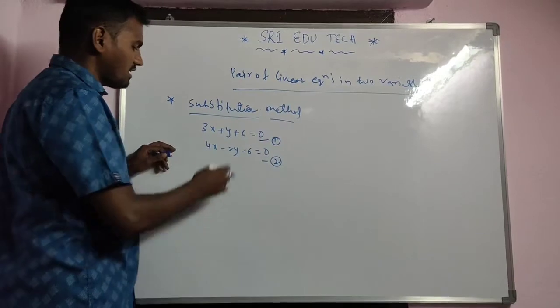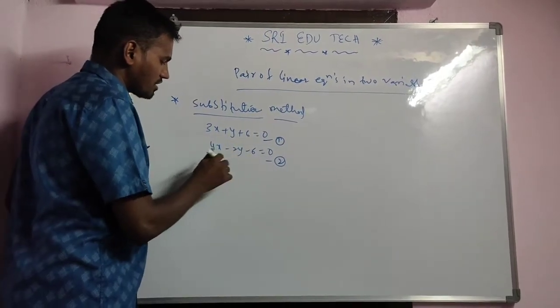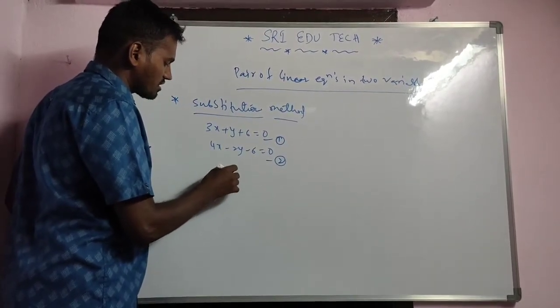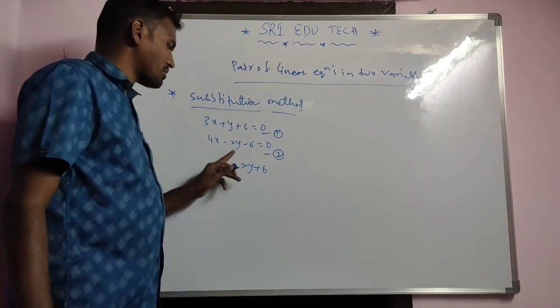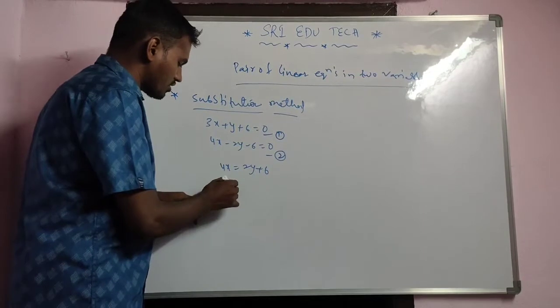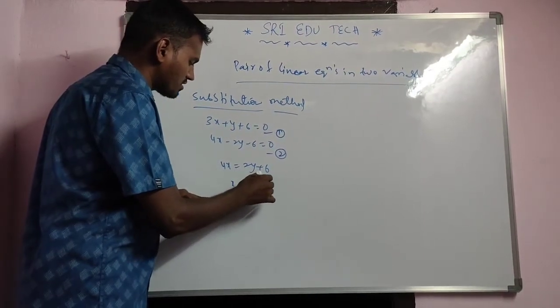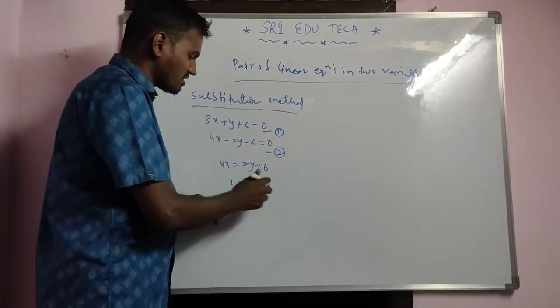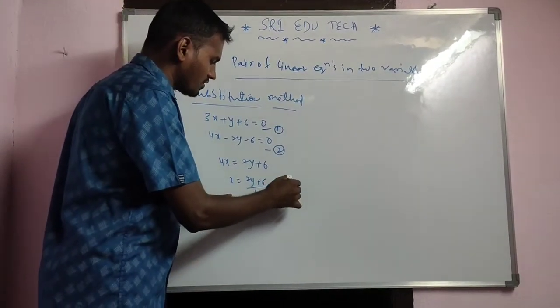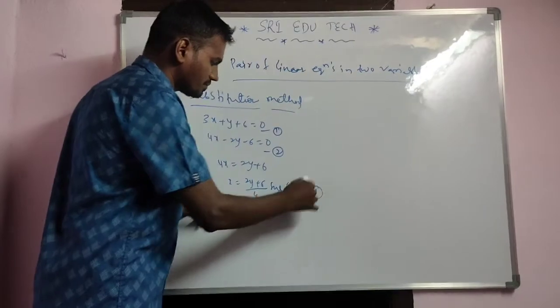From equation number 2, write 4x is equal to 2y plus 6, transposing to the RHS. Then x is equal to (2y plus 6) by 4. Now this x is substituted in equation number 1.